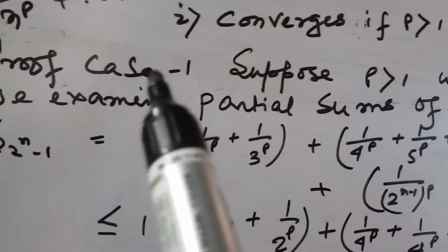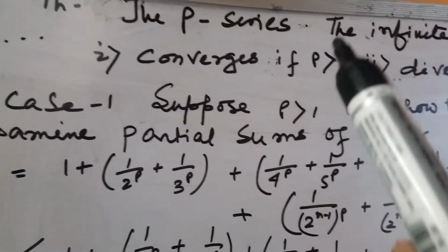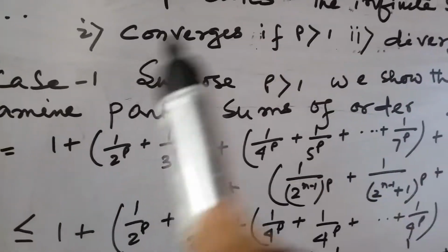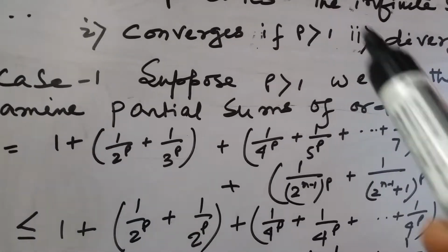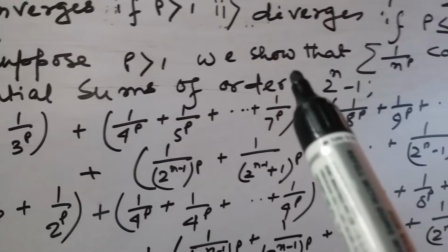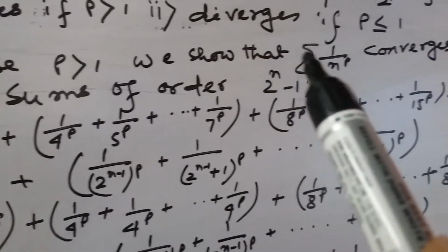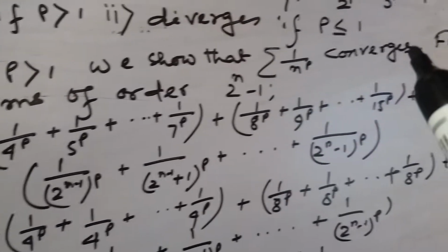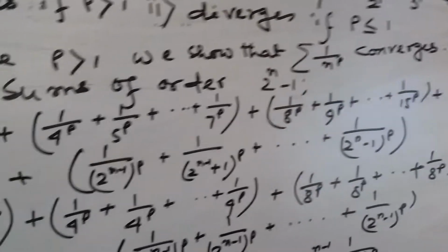Proof. Case 1 means this: converges if p is greater than 1. Now we prove that. Suppose p is greater than 1, then we show summation 1 by n to the power p converges.